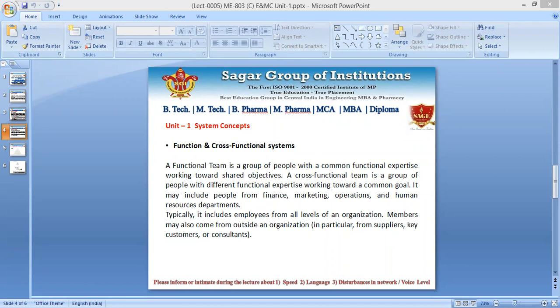So typically it includes employees from all the levels of the organization. Members may come from outside the organization. Sometimes it is required, like if we go for certain kind of documentation, then we need people from outside the organization as well.